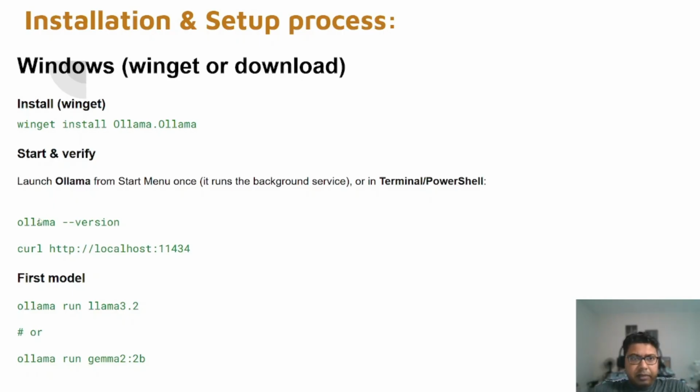Start and verify: again the same thing, ollama --version, which will tell us which version of Ollama has been installed. We can use a curl command to see if Ollama is running on our localhost. First model, same thing: ollama run llama3.2. This will first install the model and then run it. Or we can switch to a new model. We can run ollama run gemma, any model name, right? And it will again install and then run that model.